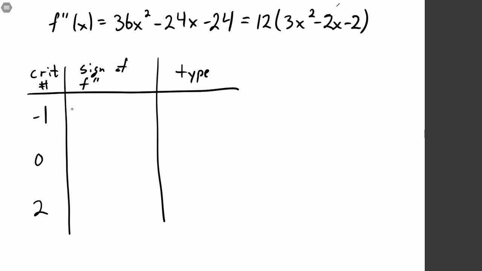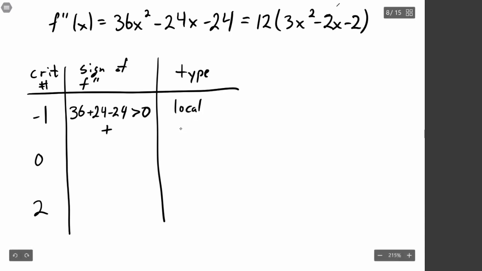All right, so here we have 36 plus 24 minus 24 if we plug in negative 1 into the second derivative. And this is positive. Since that's positive, we can say here that this is a local minimum.